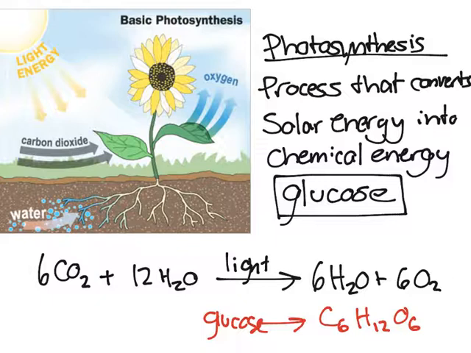And so now let's talk about where photosynthesis occurs. So let me clear that. Let's pretend this is a leaf, and let's say this is a cross-section of a leaf.